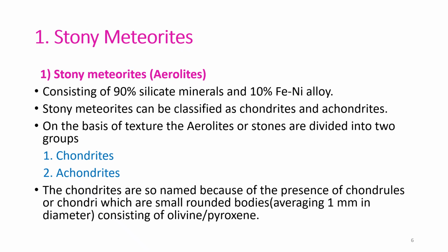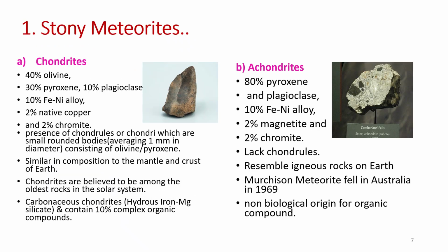The chondrites are so named because of the presence of chondrules or chondri, which are small rounded bodies averaging around 1 millimeter in diameter. Mainly they consist of olivine or pyroxene. Coming to the chondrites classification, they consist of 40% olivine, 30% pyroxene, 10% plagioclase, 10% nickel iron alloy, 2% native copper, and 2% chromite.